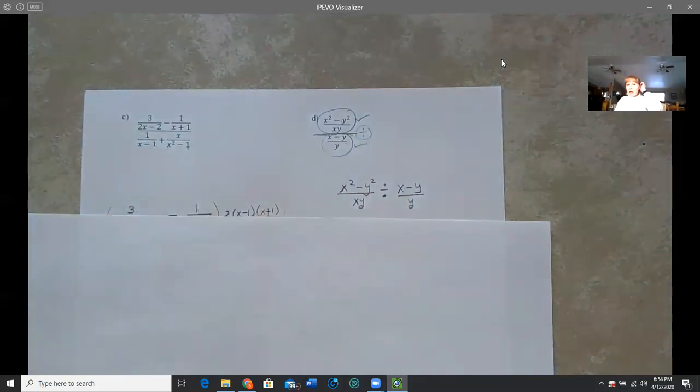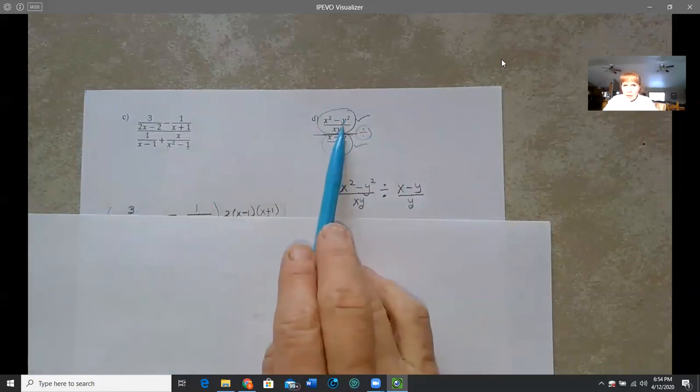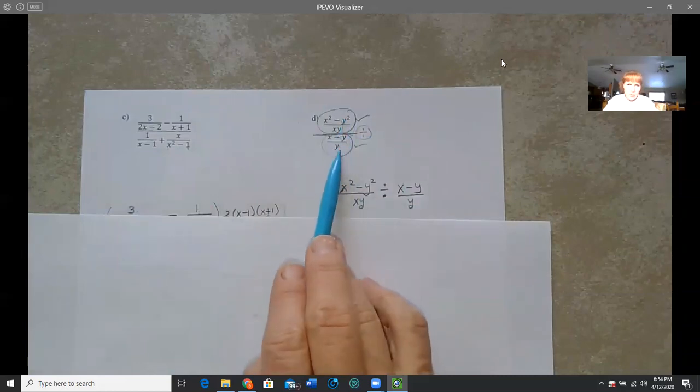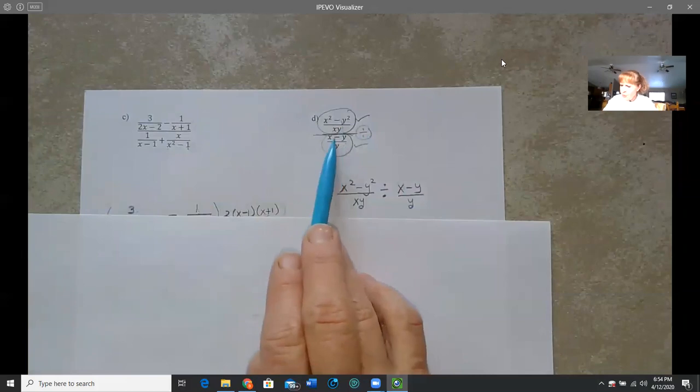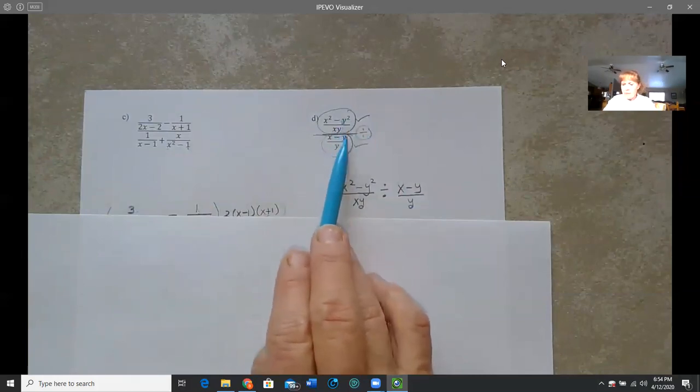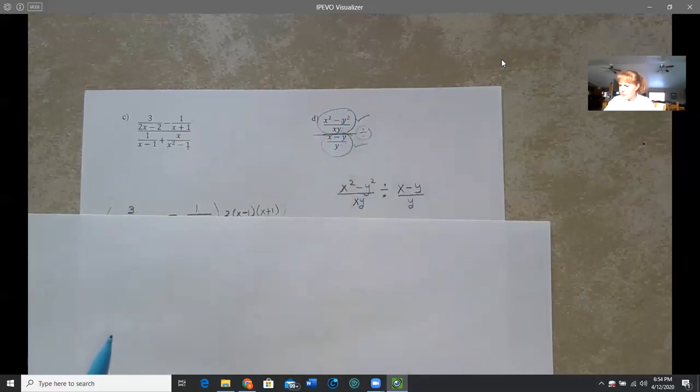This is section, what was it, 7.2? Yeah, 7.2. This is a copy dot flip. So when you only have 1 fraction over a fraction, you don't even have to have a fraction down here. I would just use the copy dot flip, and we'll go through some examples here.